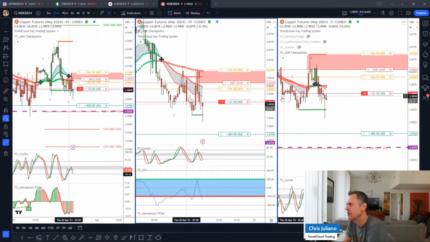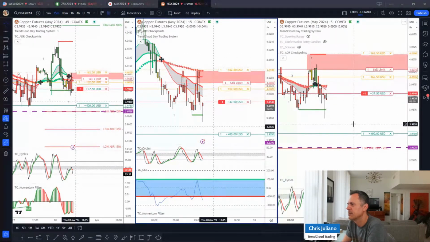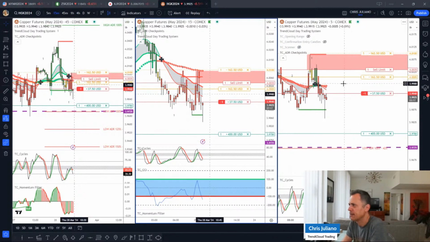So, you know, we saw an opportunity on that little 5-minute chart. All you can do is let it play out in the scalping world. But you can see how TrendCloud lined us up for the opportunity. We had resistance levels.